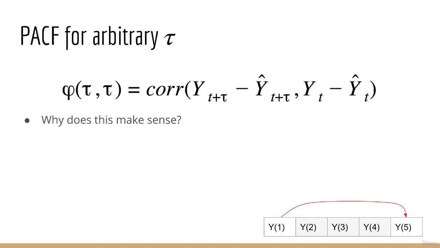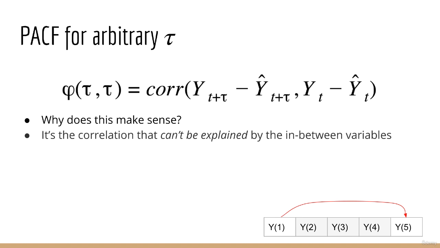You may have to repeat this to yourself a few times, but it will make perfect sense. The partial autocorrelation function is just the correlation conditioned on the in-between variables. Therefore, it's the correlation between whatever we can't explain using those in-between variables.